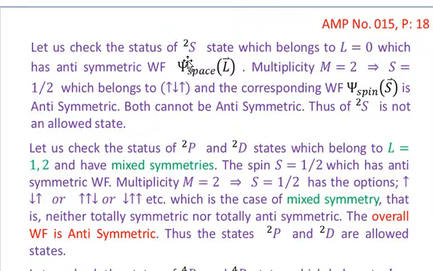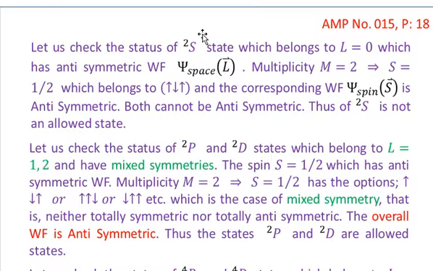Let us check the status of 2S state, which belongs to capital L is equal to 0, which has an antisymmetric wave function psi space of L, and the multiplicity. We have already determined that capital L is equal to 0 makes the psi space function antisymmetric. This is what we have established in the previous paragraph.